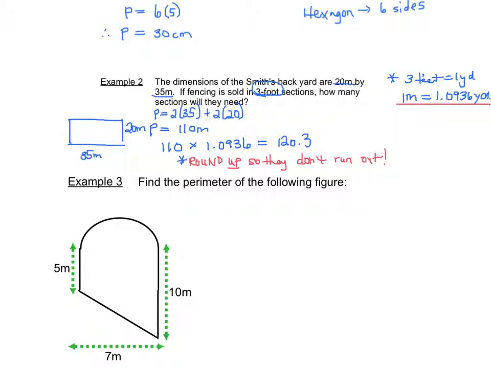The traditional rules of rounding would tell us to round that to 120, but if I do that, I'm not going to have enough fencing to go around this backyard. So you need to round up in situations like this. We would say, therefore, they will need 121 sections.